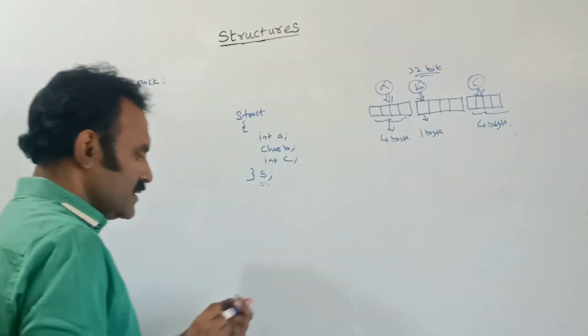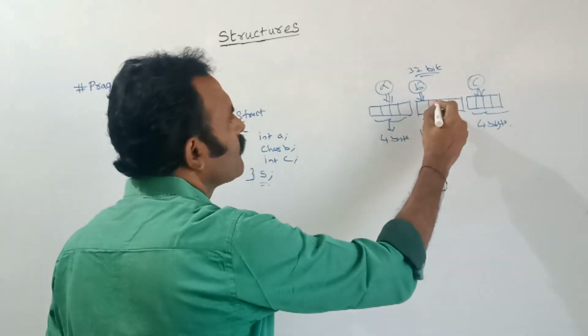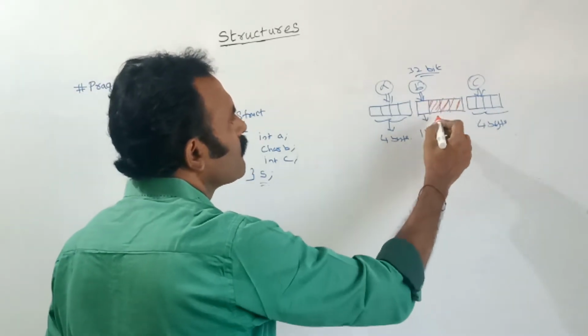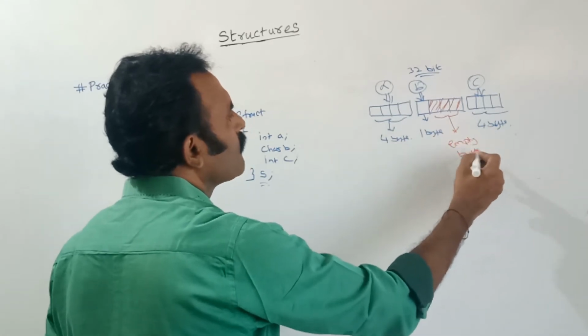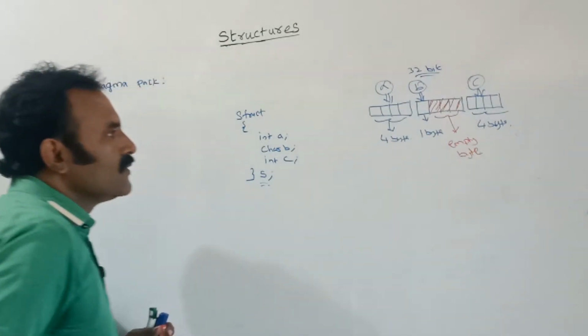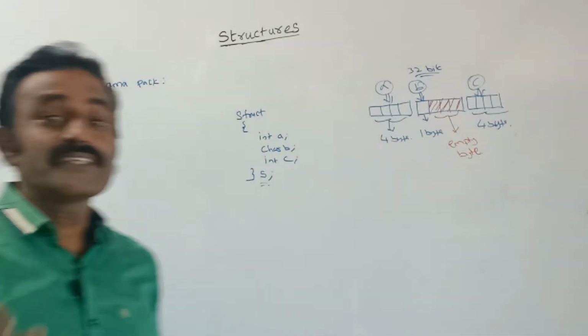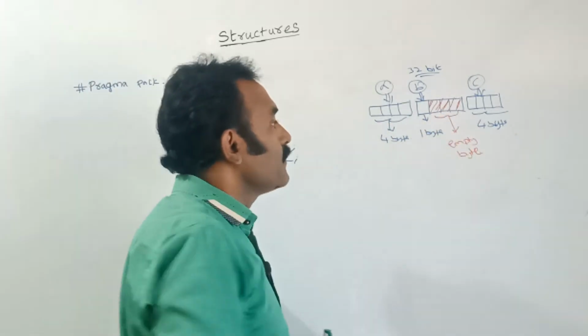So here the remaining bytes are empty. Here for C, integer 4 byte. In the previous class we had seen about padding. See here, this is known as padding.